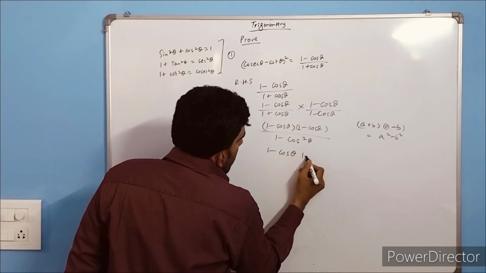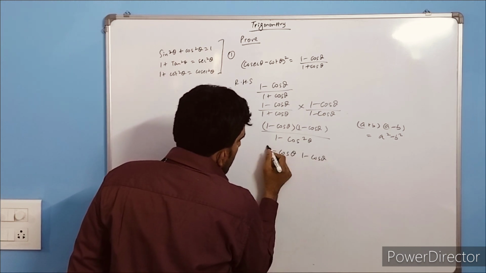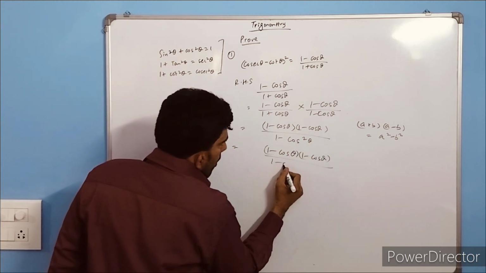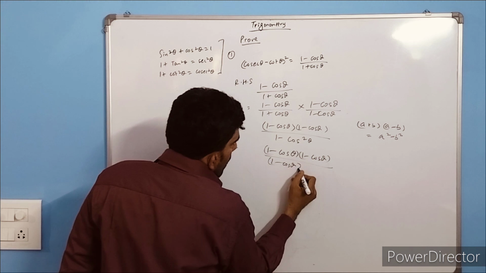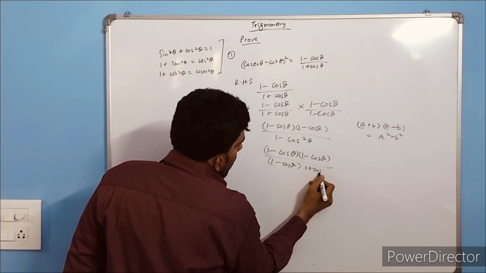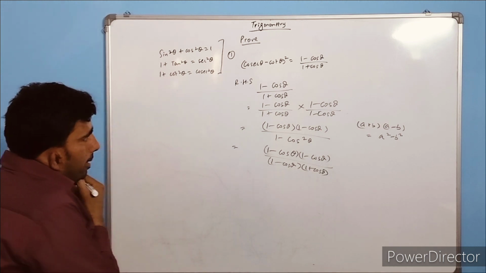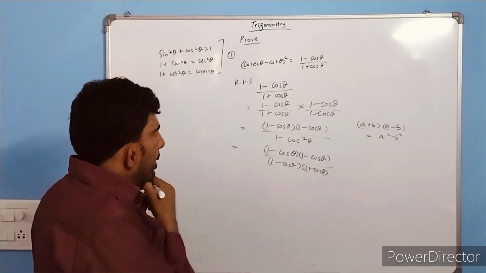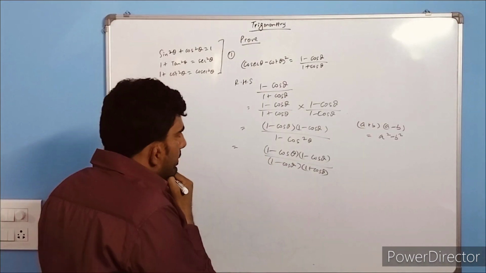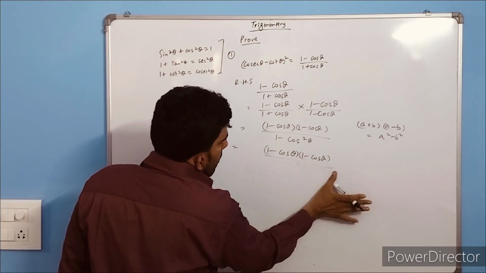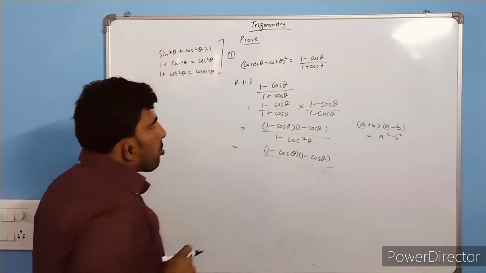Now, 1 minus cos theta, 1 minus cos theta. Again I can write this as 1 minus cos theta, 1 plus cos theta. But instead of going to that step, we can just leave it like this. Now, what is 1 minus cos square theta?